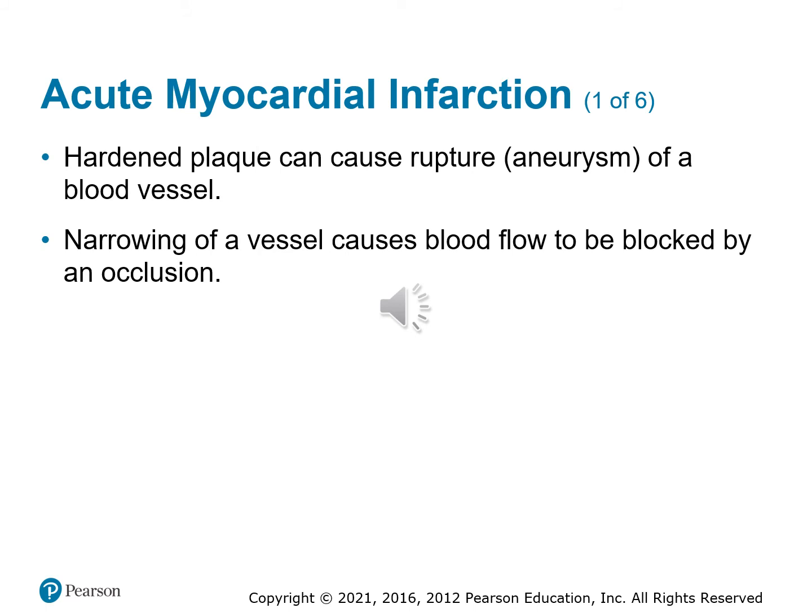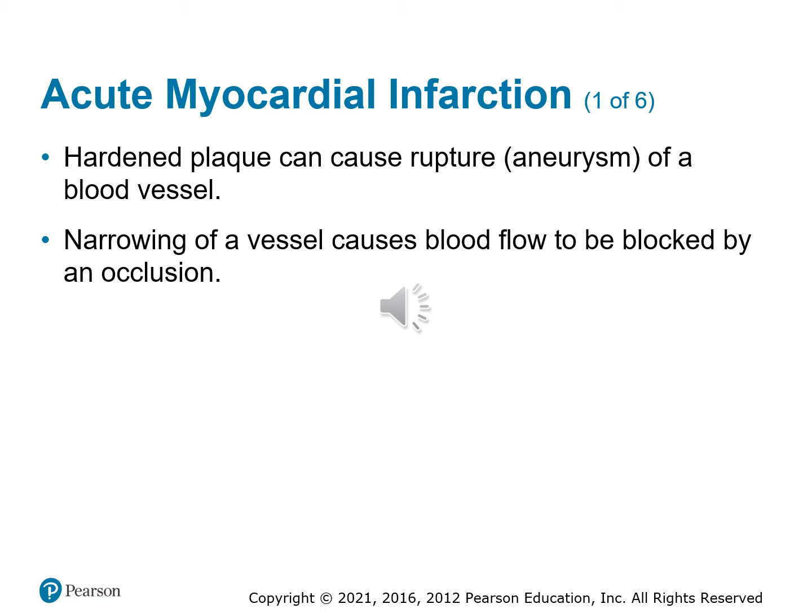Myocardial infarction, or MI, or heart attack can be caused by a couple of things. First of all, we may see hardening plaque in those vessels, causing that vessel to rupture because of pressure. This is called an aneurysm, but the heart muscle itself, past the point of this aneurysm, is not going to be getting any blood, and therefore is going to be starving for oxygen.